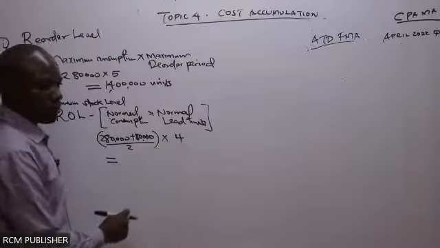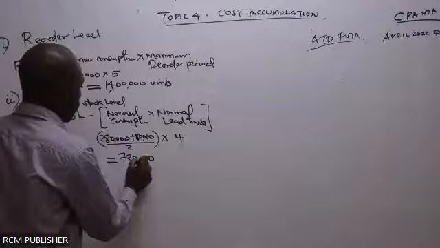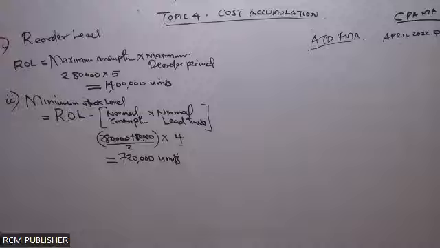What are we getting? I'm being told we have 720,000 units. That is the minimum stock level.